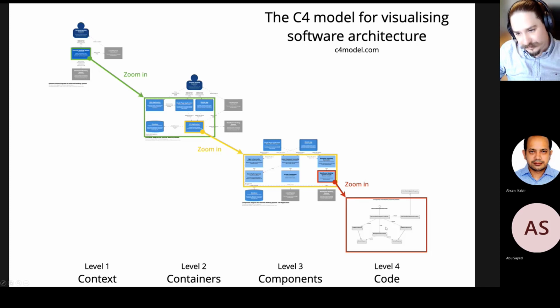The fourth level is the code level, which we are not using, and it's not a very common thing to show or have, because the refactorings are happening, code is changing every time, so it would be a nightmare to keep it up to date. So we have around 3 levels that are commonly used, and we are going to cover the first 2.